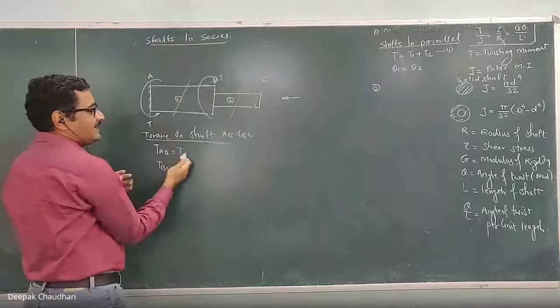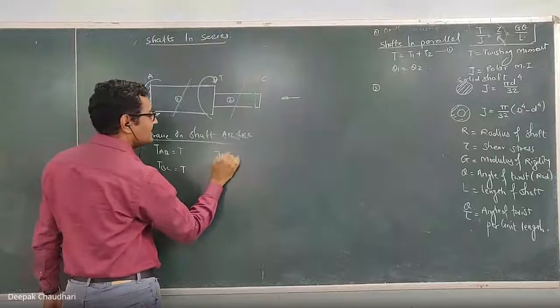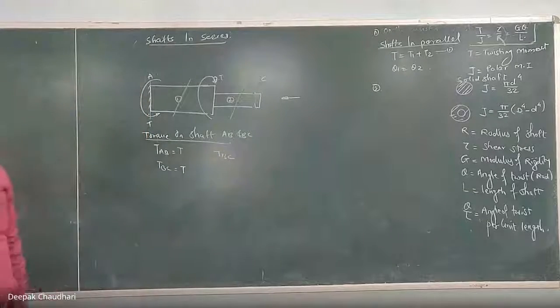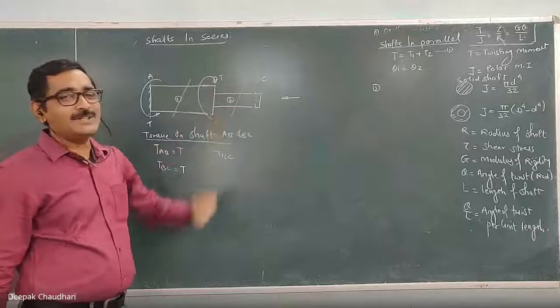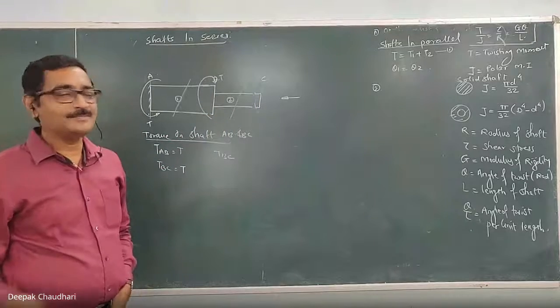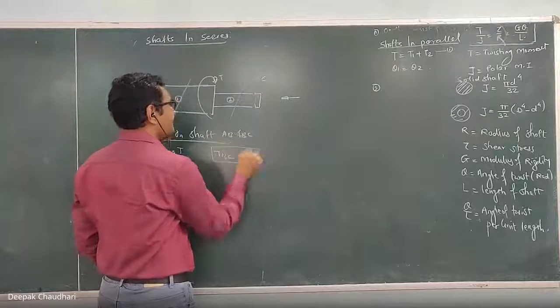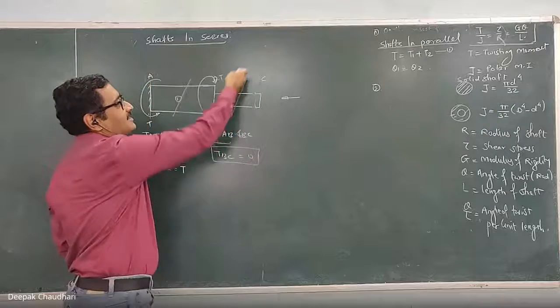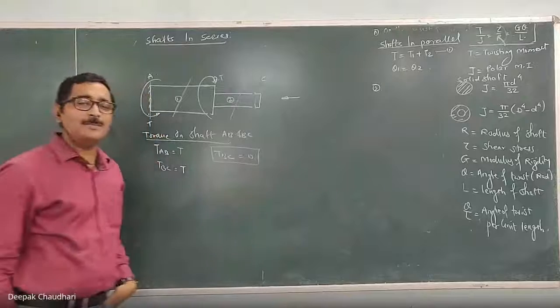On any one side, there is only the torque T. But what will be the torque in the part BC now? If I apply the torque at this point, what will be the torque in the part BC? 0. It is 0, correct. Because if I take the imaginary section, on the right side of that section there is no torque. So the torque in the part BC is 0.